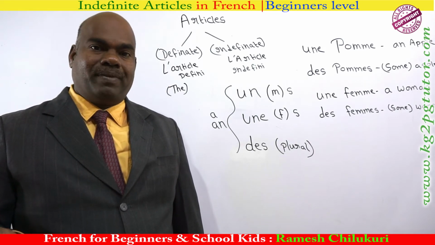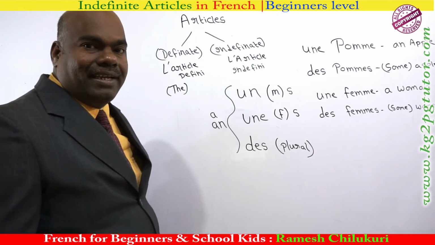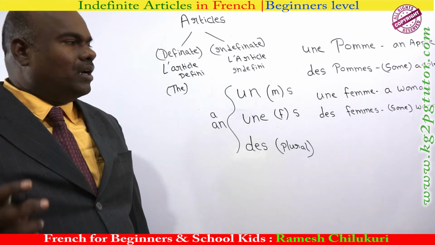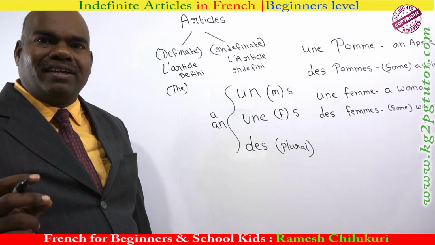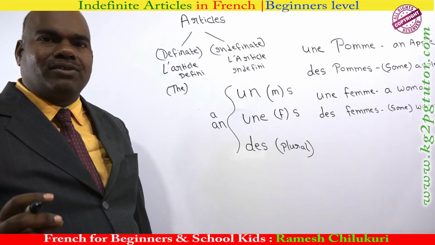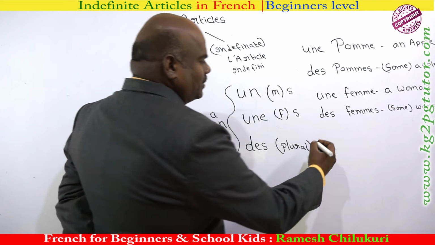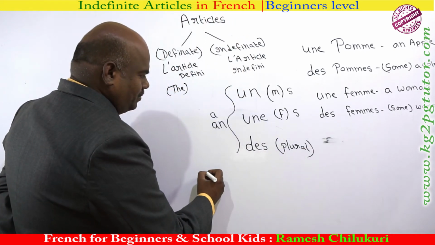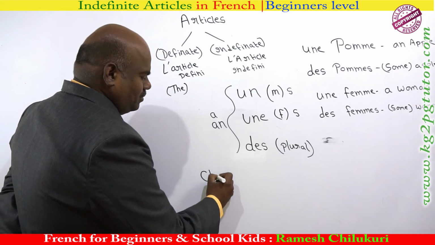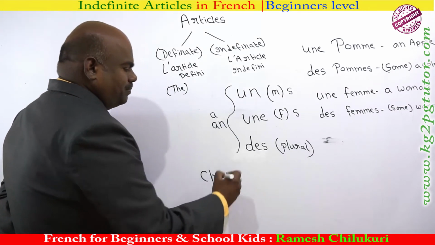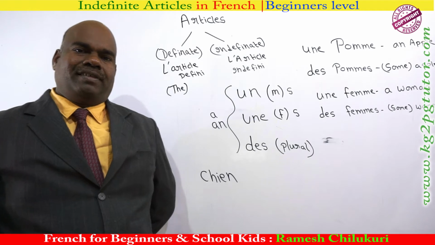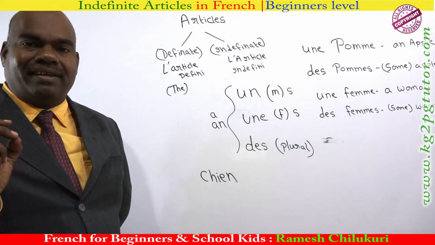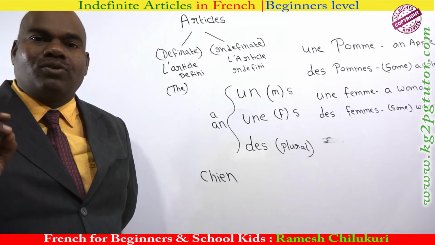Let's take the example of a dog. Dog is called chien. Chien is a dog. This is masculine. The male dog is called chien.